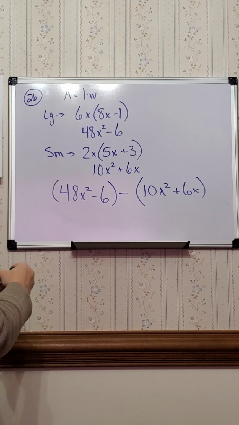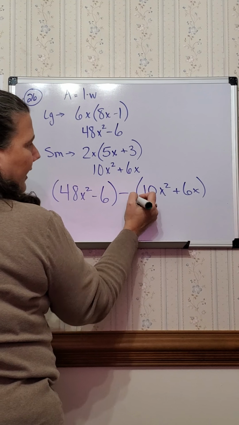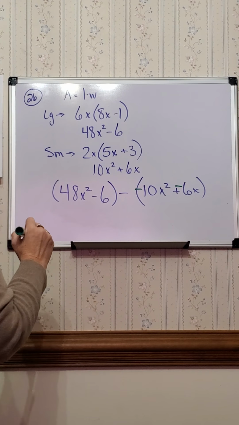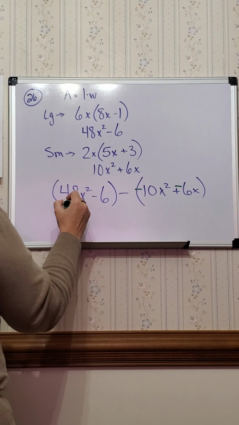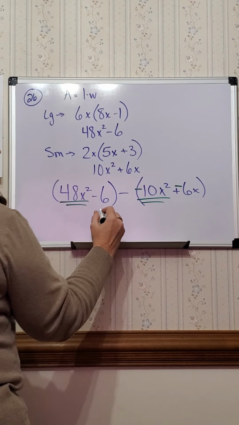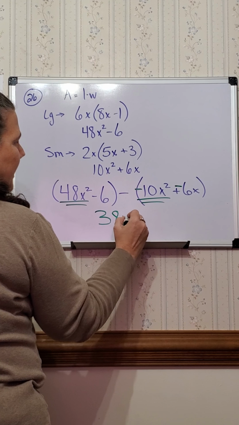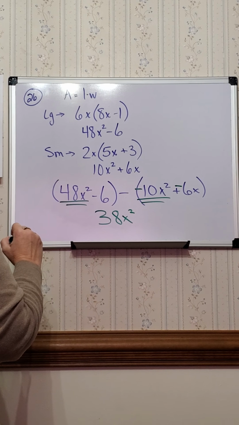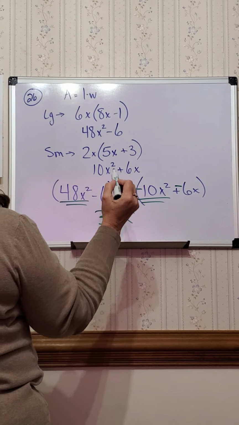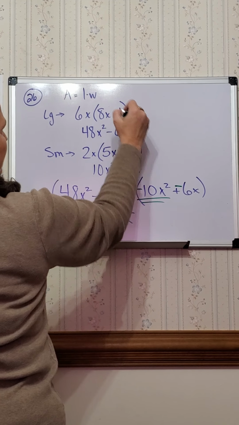Remember when I have this negative here, it's like I have a -1. It's going to change each of these signs, so they're both going to be a negative. So I've got 48x squared minus 10x squared, which is going to give me 38x squared. Then I have, this one right here should have been 6x.